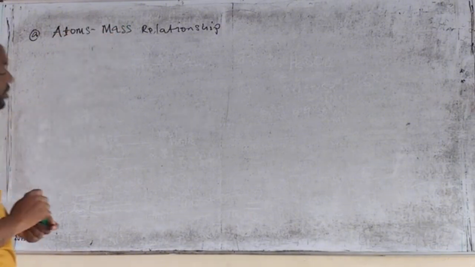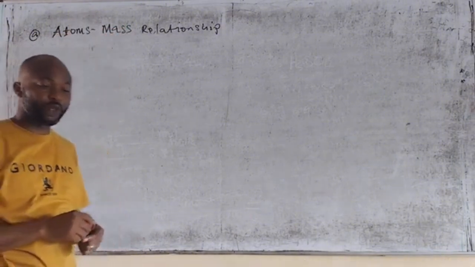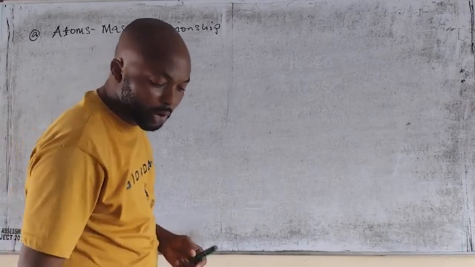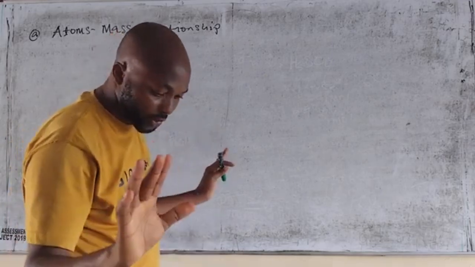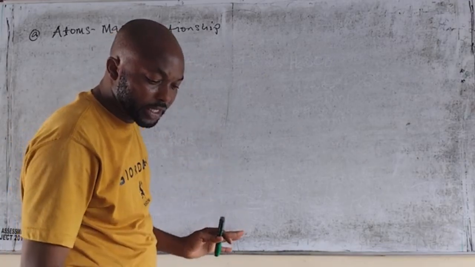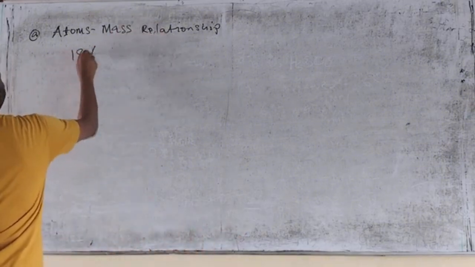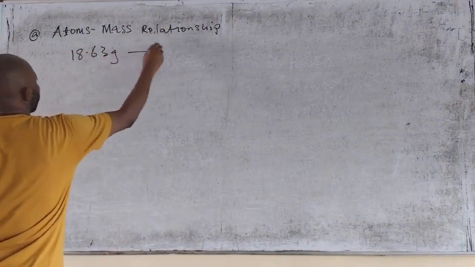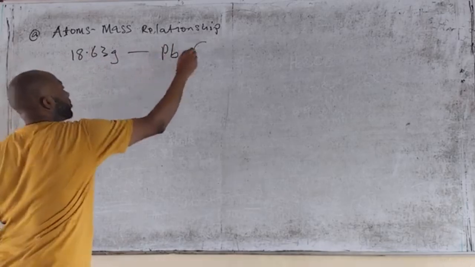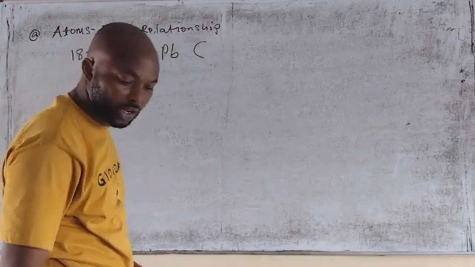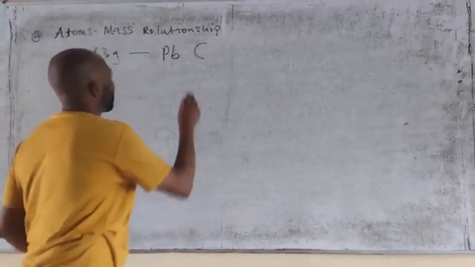Now, atoms-mass relationship. Let's take our first question. Calculate the number of atoms of the element in 18.63 grams of lead. The relative mass of lead, which is supposed to have been given, is 207 grams.